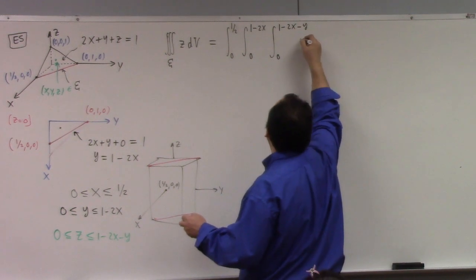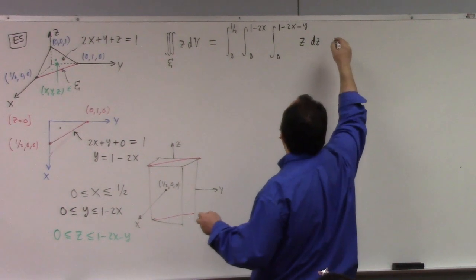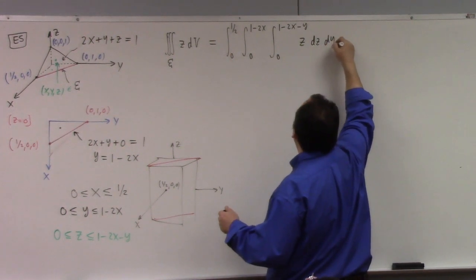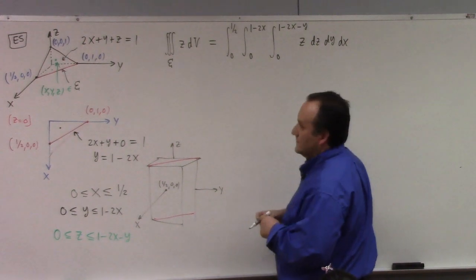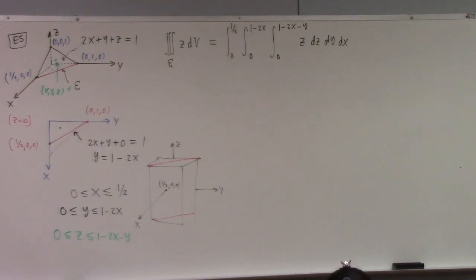And then I've got my z, dz. Ooh, I regret doing z here. dy, dx. At this point, you should know how to proceed, give or take. Let's do it, though.